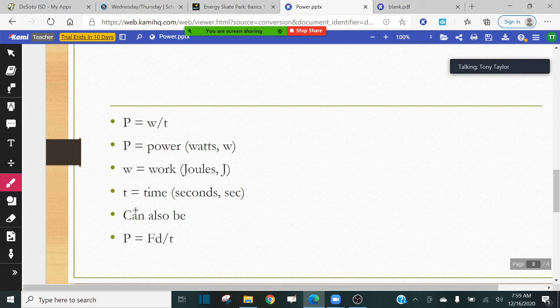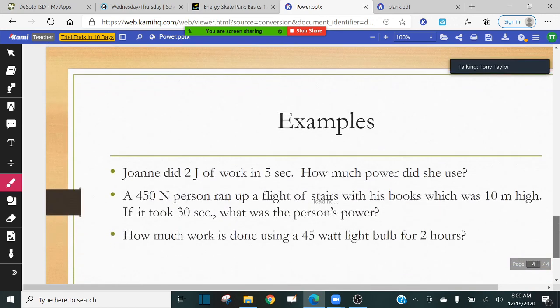And the unit for time is seconds. Now, since power is equal to work divided by time, and we know work is force times distance, sometimes you will see the power equation written like this: power is equal to force times distance divided by time.